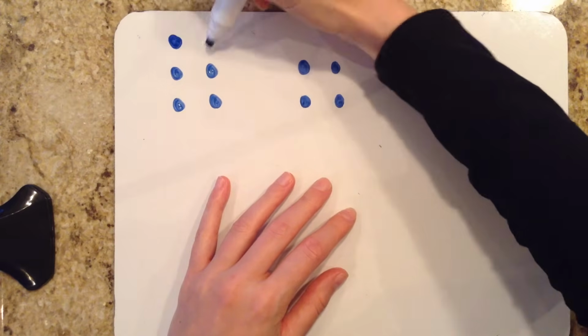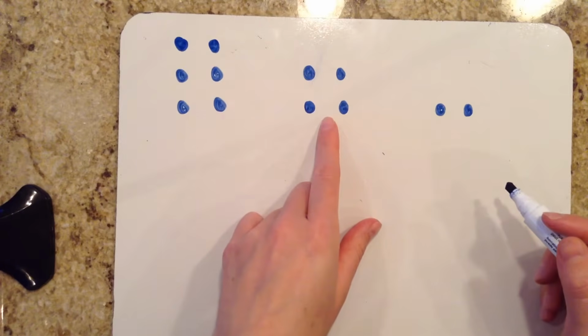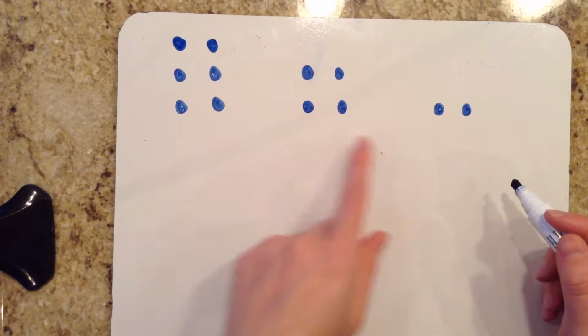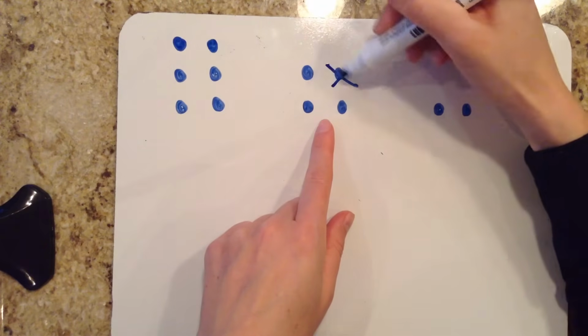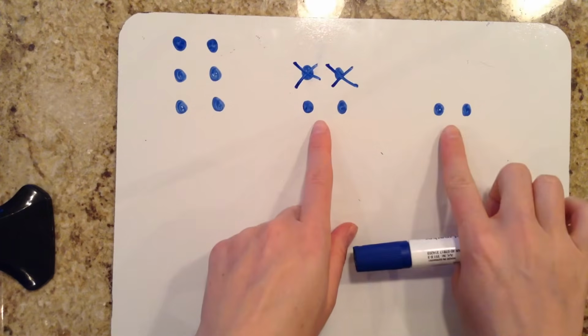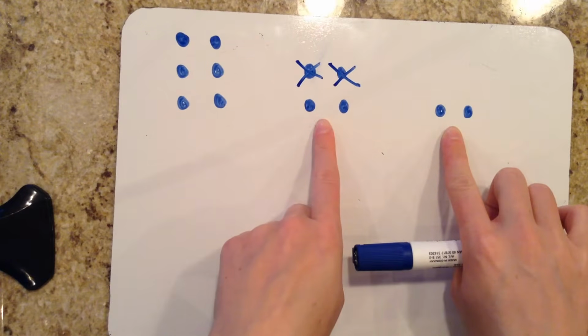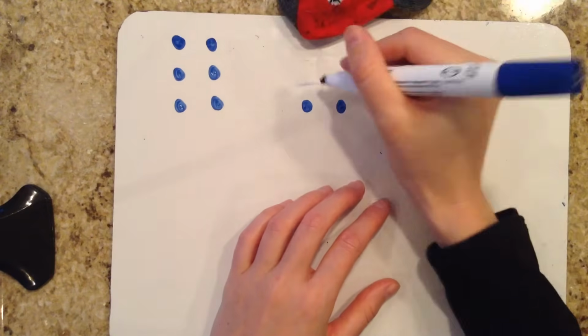I'll put these back for now. In order to move from the 4 into the 2, what did I do? I had to take away 2 dots in order to get it to the next term. Let's put it back.